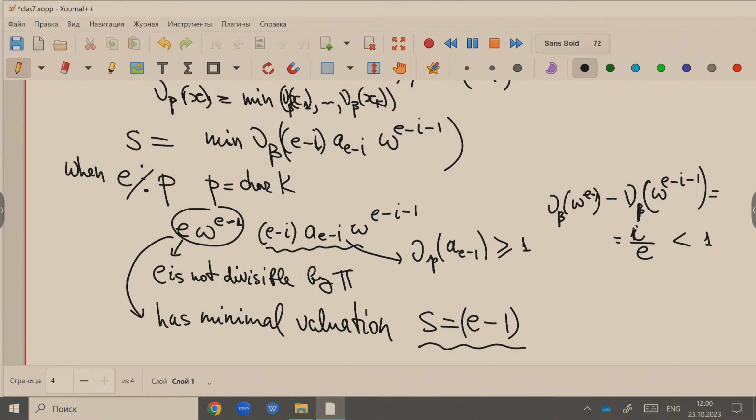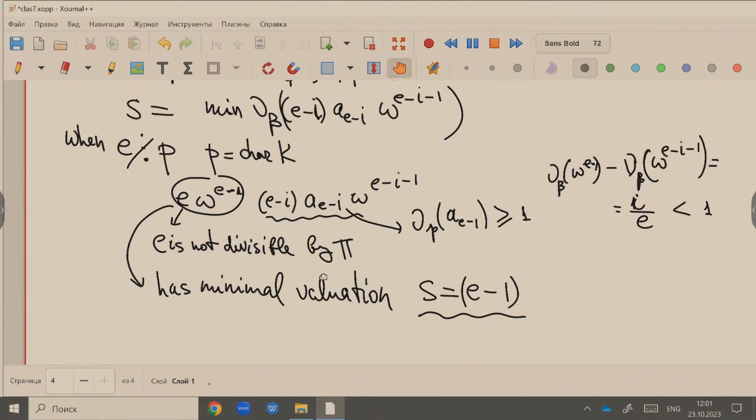This gives you, for example in characteristic 0, a very good estimate for the different. You know that the different is divisible by e minus 1, where e is the ramification index. Otherwise the ramification index can be a priori smaller, but in any case you know that the ramification index minus 1 divides the degree of the different.